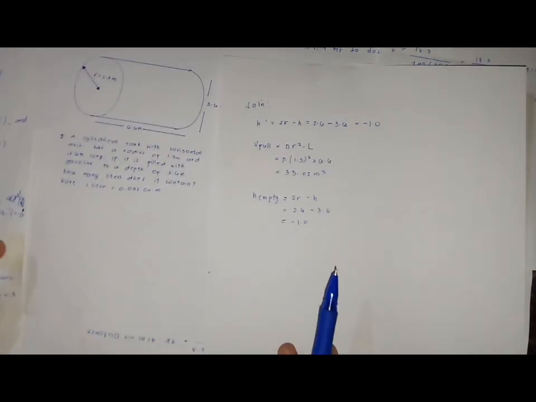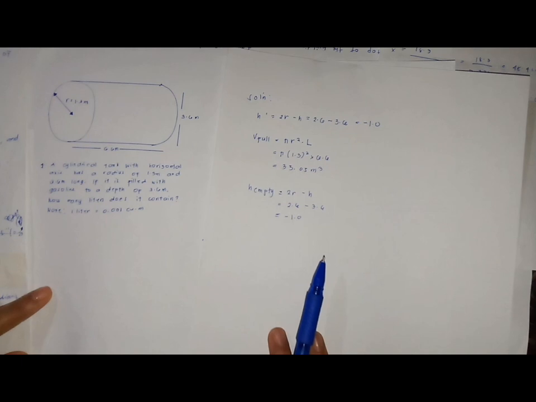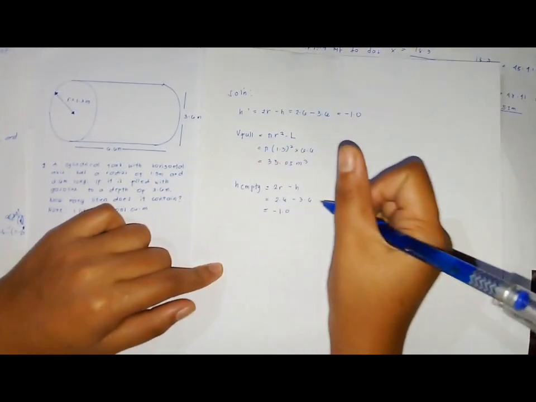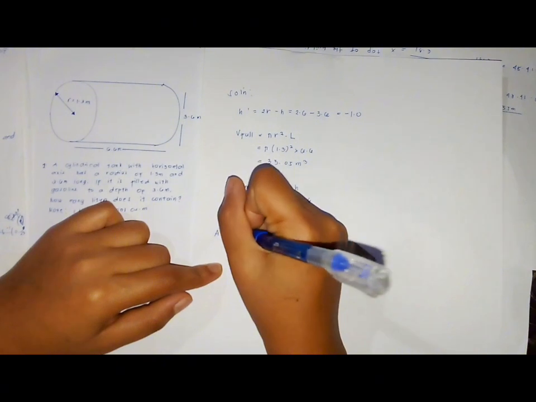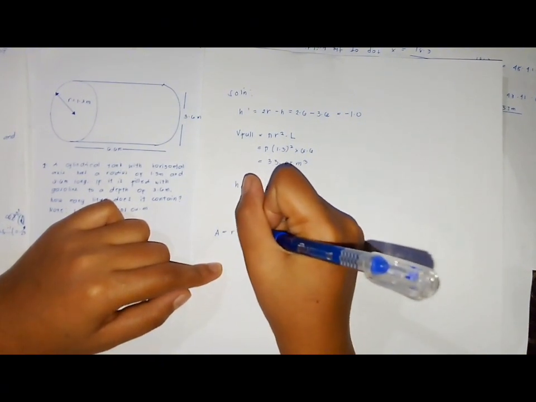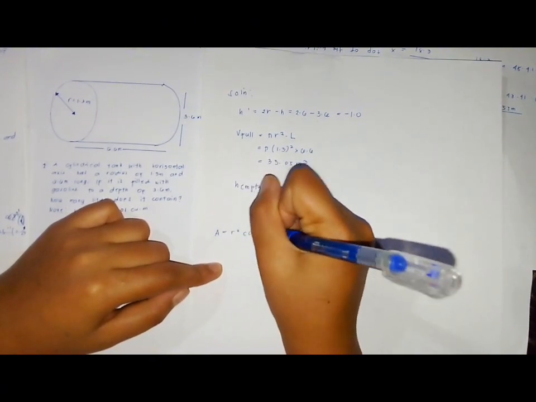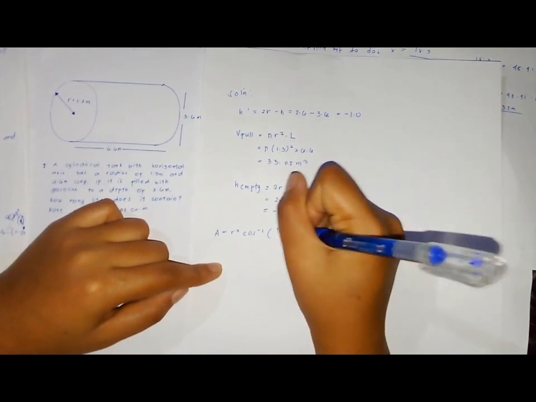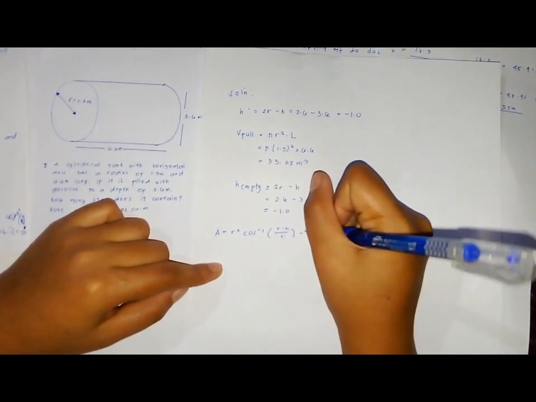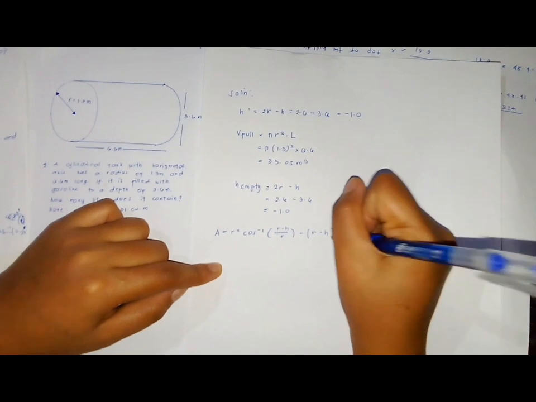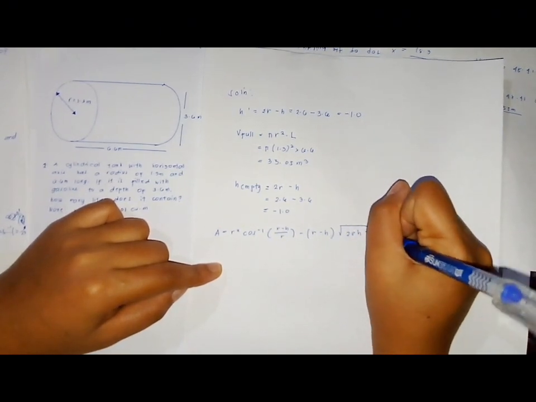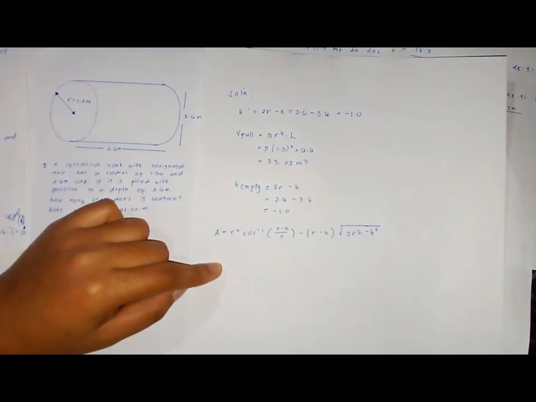So we have here the area: r squared times arc cos of (r minus h) over r, minus (r minus h) times the square root of (2rh minus h squared).